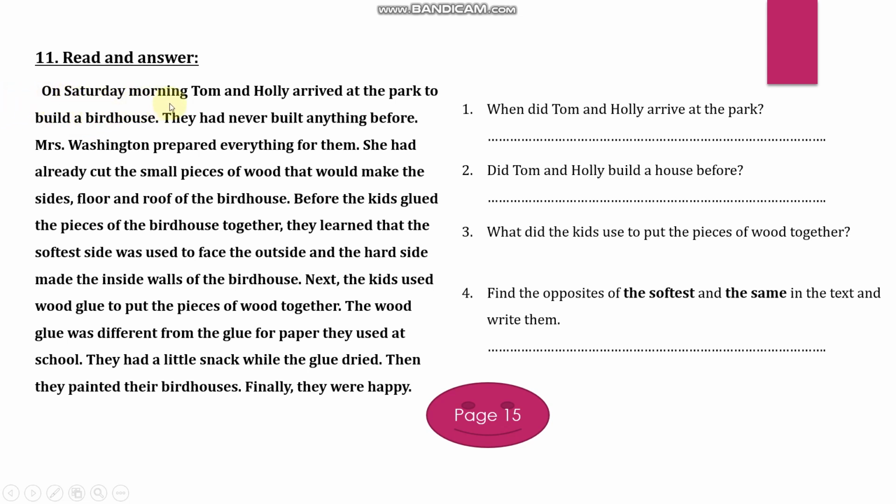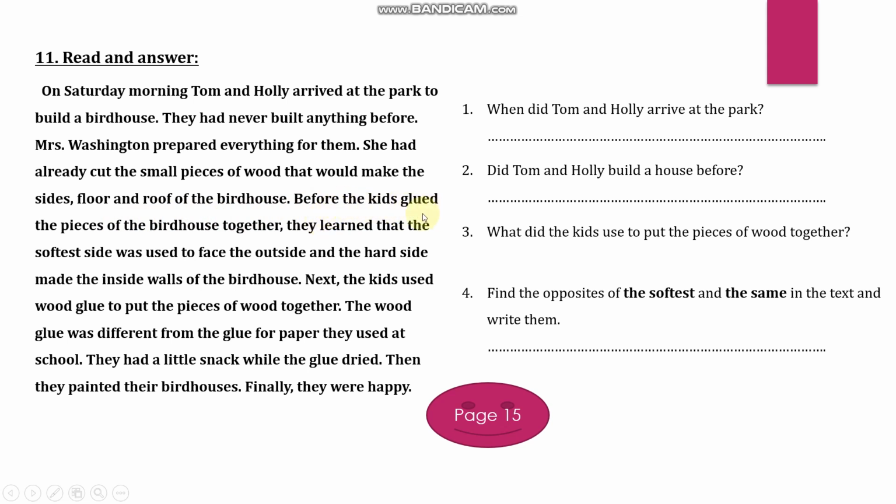On Saturday morning, Tom and Holly arrived at the park to build a birdhouse. They had never built anything before. Mrs. Washington prepared everything for them. She had already cut the small pieces of wood that would make the sides, floor, and roof of the birdhouse.